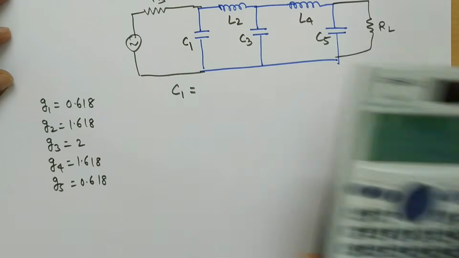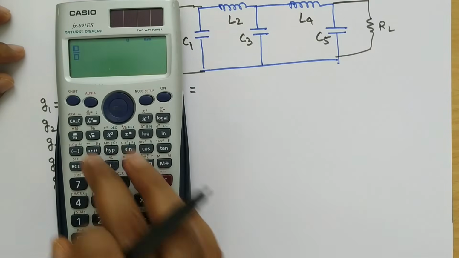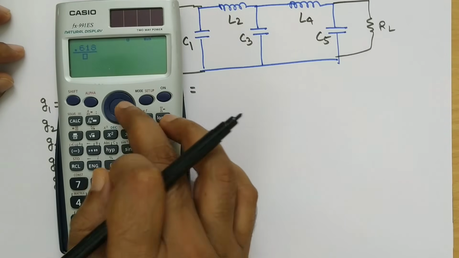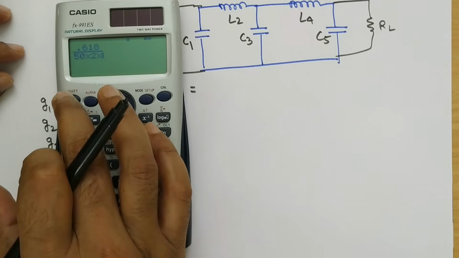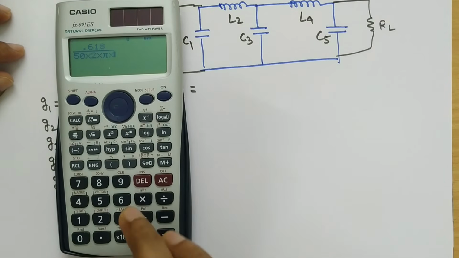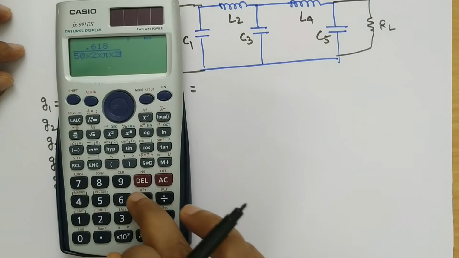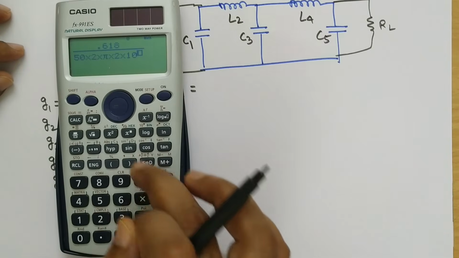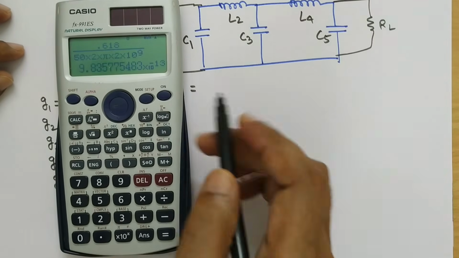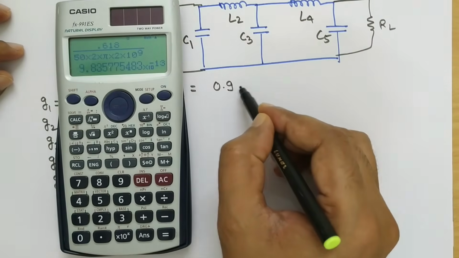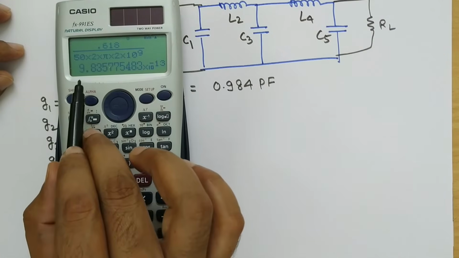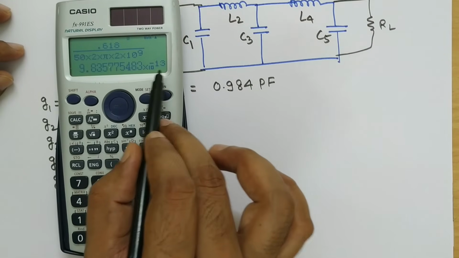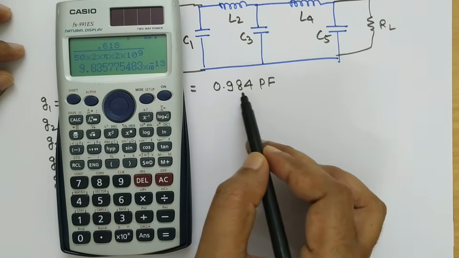So it is 0.618 divided by impedance 50 into frequency. Frequency is 2 pi into 2 gigahertz, so 2 into 10 to the power 9. So this value is 0.984 picofarad. Here it is 9.8 into 10 to the power minus 13, so we can take a decimal point. So it is 0.984 picofarad.